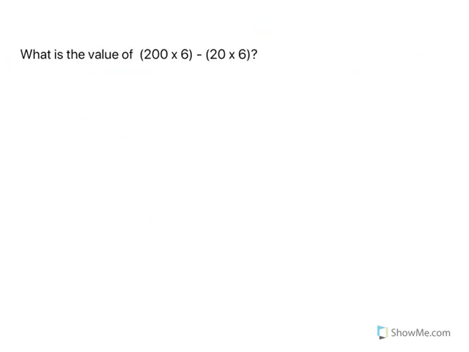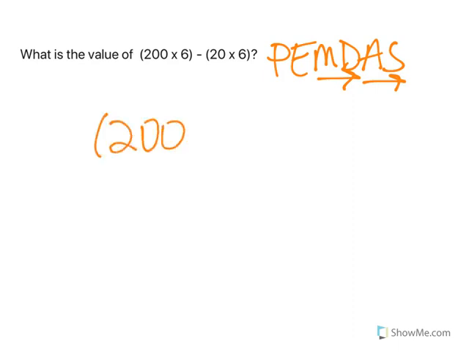And the next one says, what is the value of 200 multiplied by 6 minus 20 multiplied by 6? So let's write out our order of operations. There we go. So we have (200 multiplied by 6) minus (20 multiplied by 6).